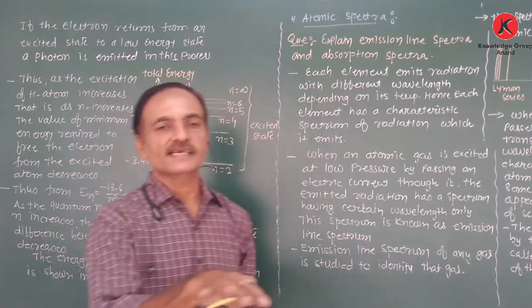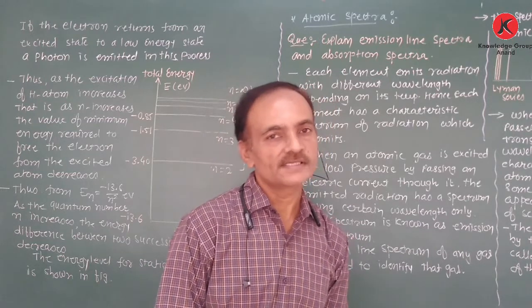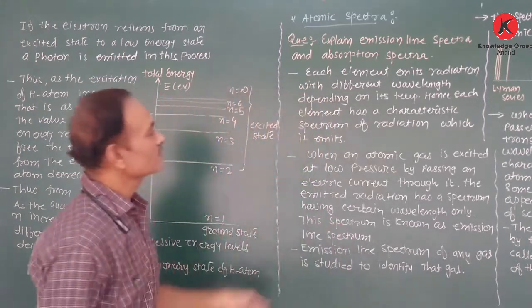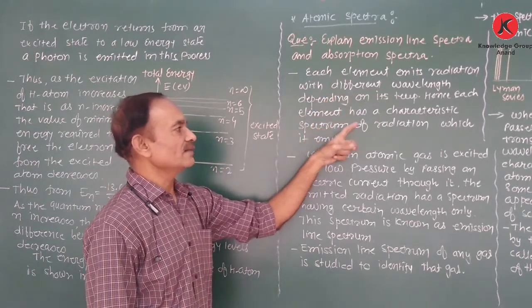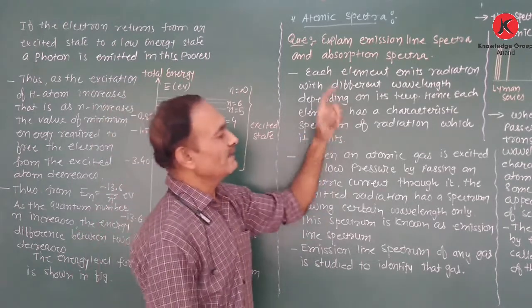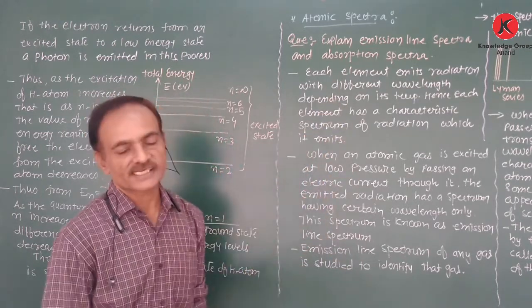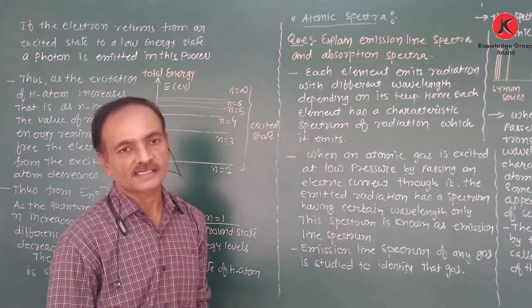As the temperature increases, the wavelength of radiation also changes. Hence, each element has a characteristic spectrum of radiation which it emits.